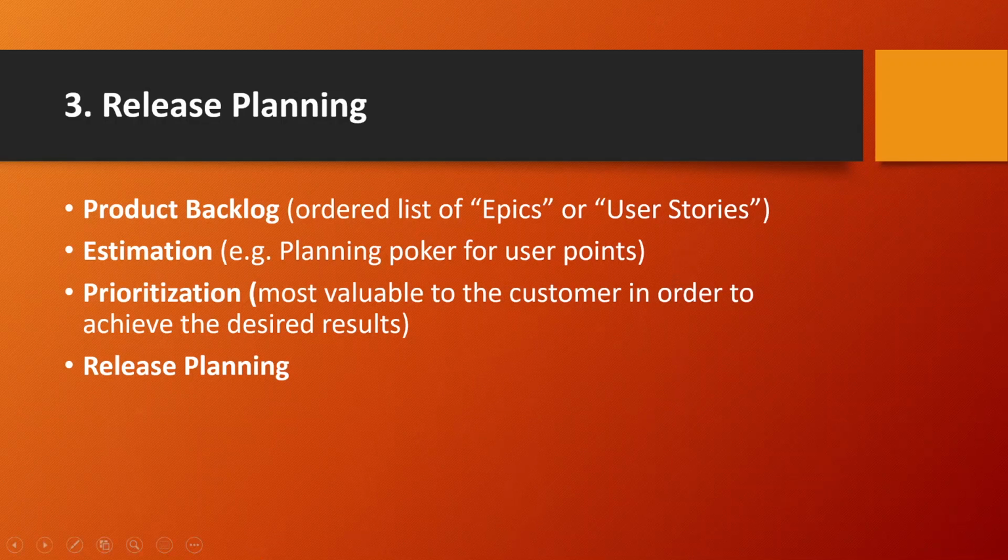The product backlog is simply an ordered list of epics or user stories that represent features required for the product. So this list, as I said earlier, starts as the epics that we discussed in step number 2. But between the assigned project team, the project manager, and the customers, we now break these down into more meaningful items.